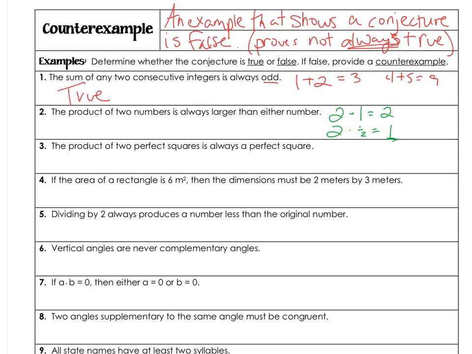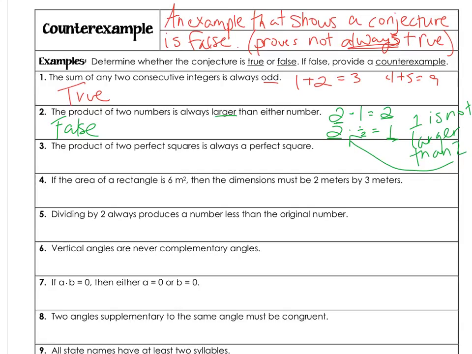We can see that this is not larger than the other number. So in the first one it's equal to, not larger, and this one is definitely smaller than, not larger. So this would be false. And my counterexample could be either of these two, showing that 1 is not bigger than 2.